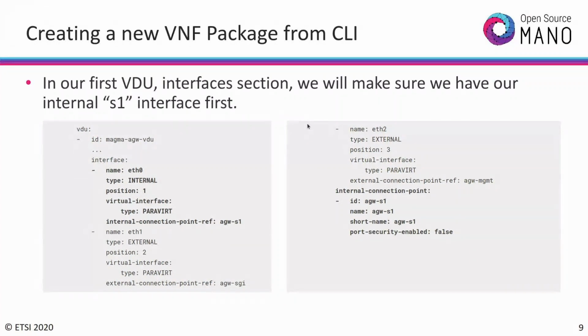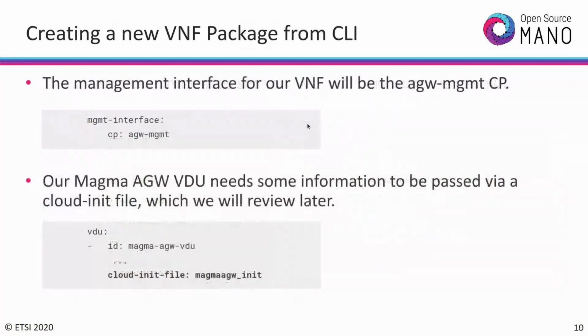Okay. Next, the management interface for our VNF. By default, it points to VNF Ethernet 0 or something like that, and we're replacing it with the right connection point name that we're using now.